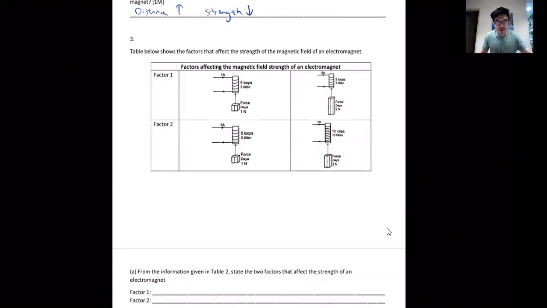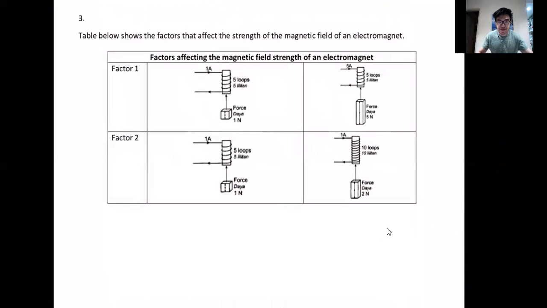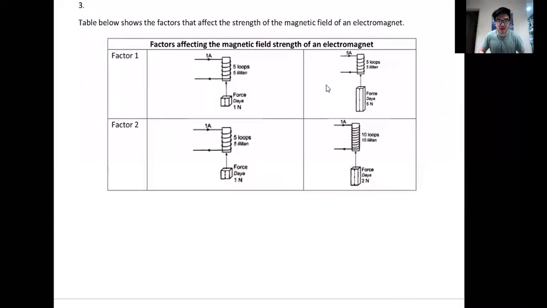Okay, we will revise for bio and chemistry today because physics is quite easy and you're still fresh on physics, okay, because we just learned. So anyway, question 3. Table below shows the factor that affect the strength of the magnetic field of an electromagnet. Okay, if you still remember what is an electromagnet, that means you apply electricity to a metal, it becomes a magnet. So that's an electromagnet.